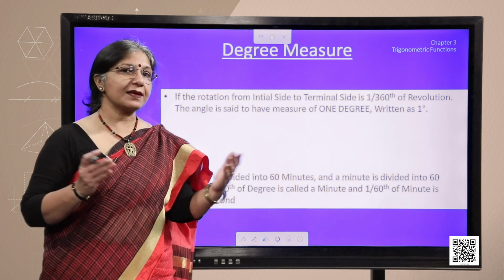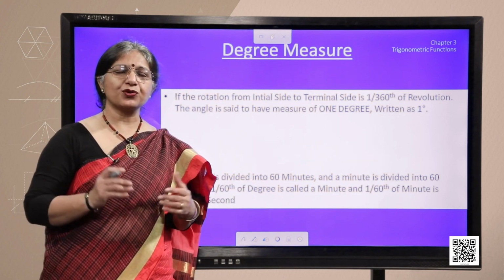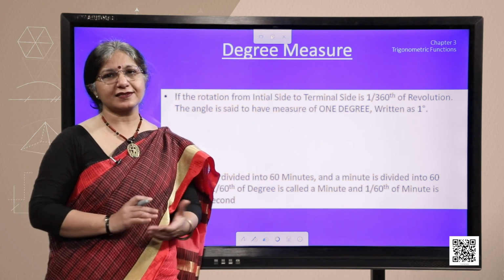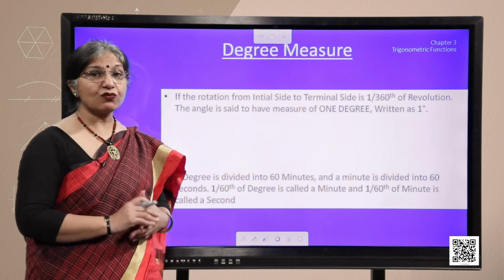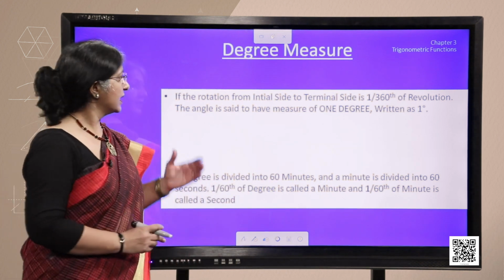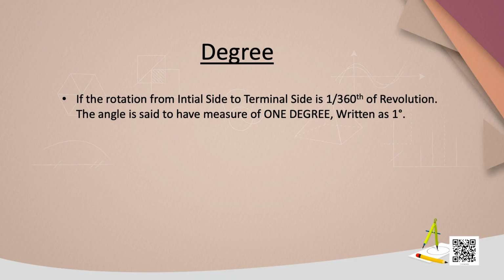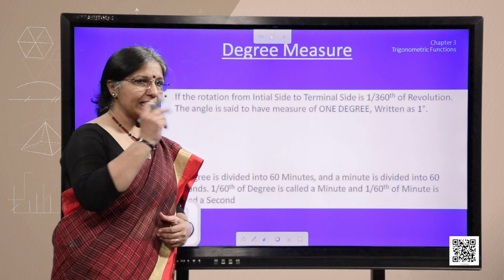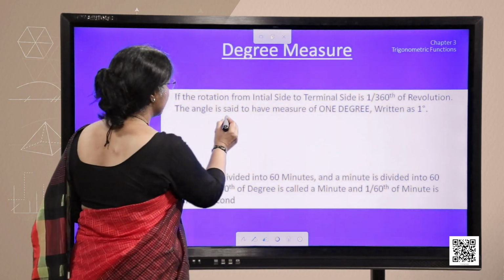Now, what is degree measure? You all must have been using degree in your earlier classes for trigonometric ratios, but what it is actually? If the rotation from the initial side to the terminal side is 1 upon 360th of a complete revolution, the angle is said to have measure of 1 degree. Let me explain with the help of a diagram.